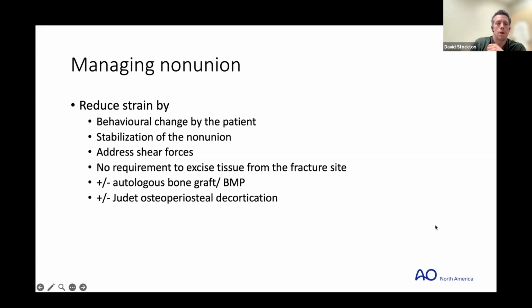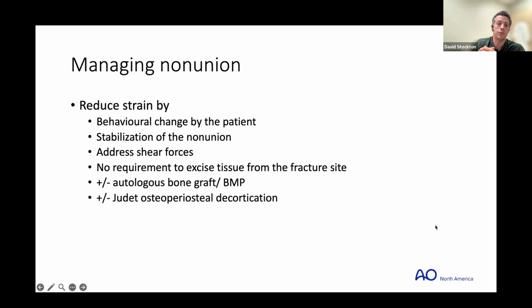They make the point that there is no requirement to excise tissue from the fracture site, especially if we stick to those principles of Perren's strain theory, exactly as you did in that initial case, where you didn't scrape out all of that fibrous tissue, because the reason that it was still there was that the strain it was experiencing exceeded the strain tolerance of that fibrous tissue present in the non-union site.